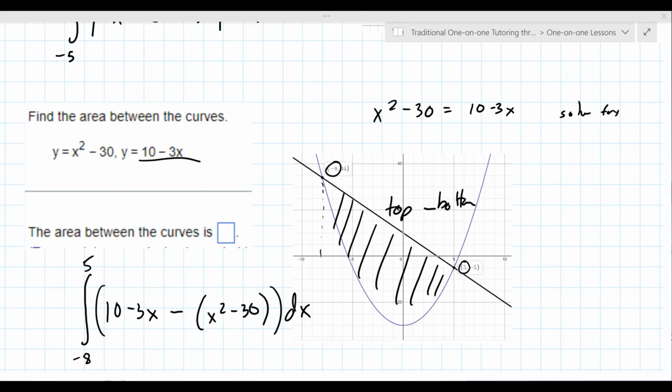And we're doing that from minus 8 to 5. And so again, not a great answer, 2197 over 6. Okay.